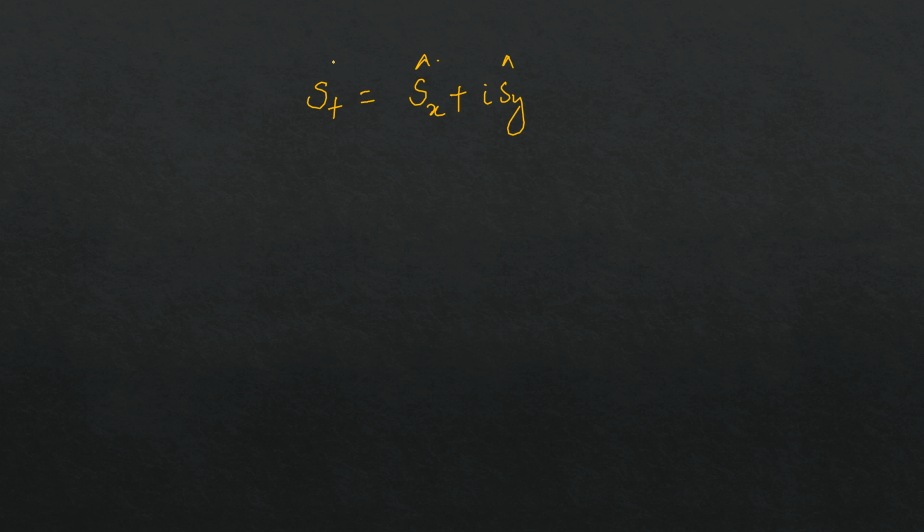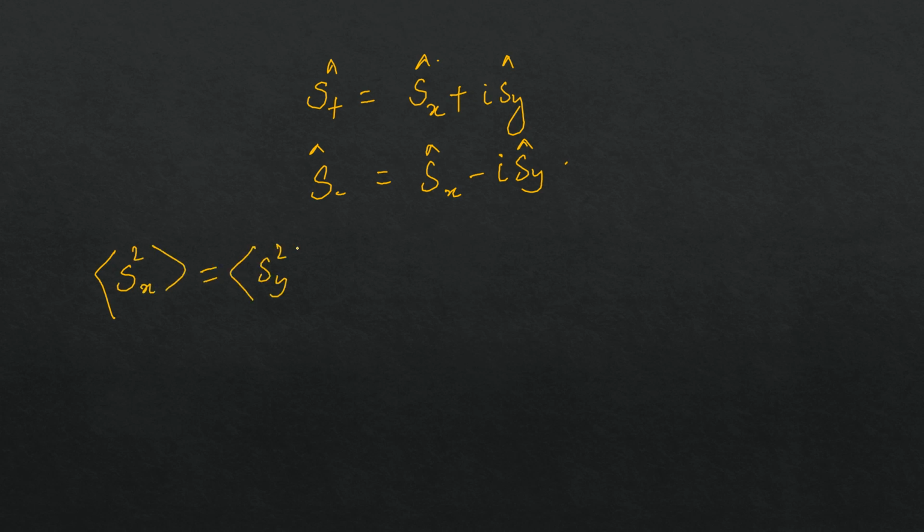And s minus, we can write it as sx minus i sy. Now what is the expectation value of sx square? Sx square expectation value, sy square expectation value will be the same. That will be h cut square by 2 into s into (s plus 1) minus ms square.